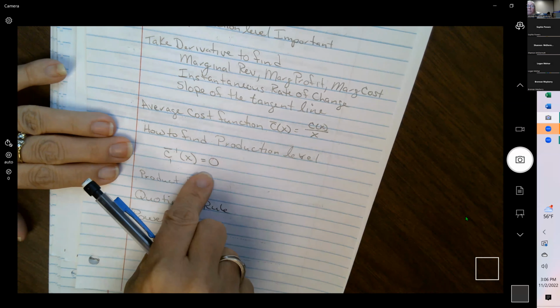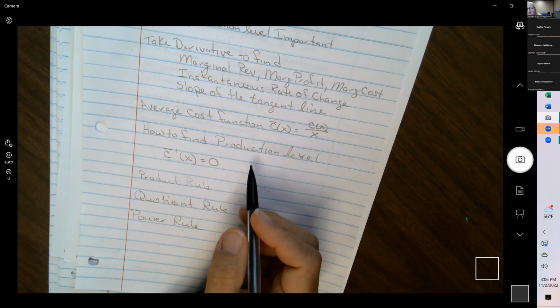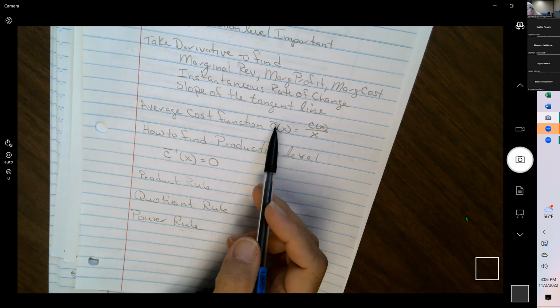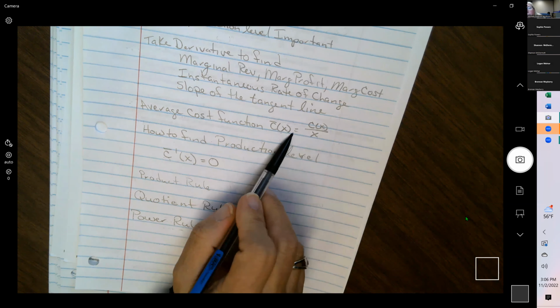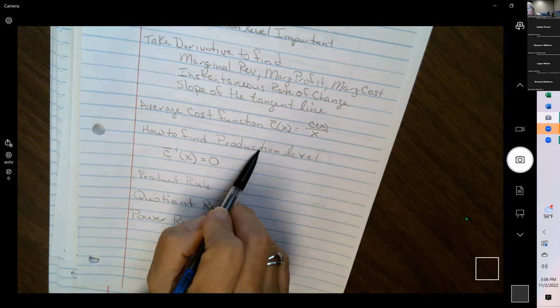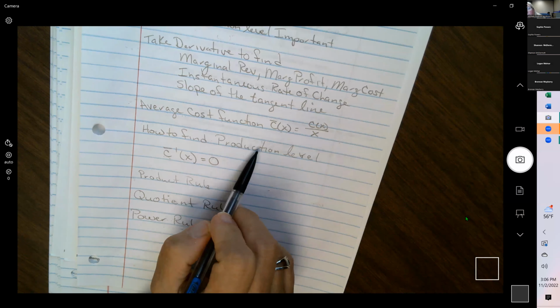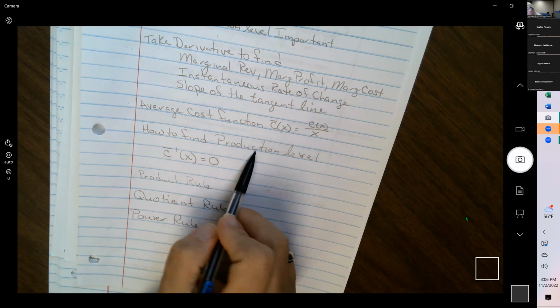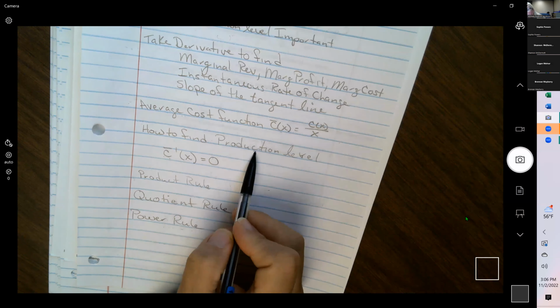Any questions on what the production level tells you? Because this one will ask you to find the average cost function, the production level, the minimum average cost, and why it's important. So the production level is important because that tells you how much you want to produce at a time to have a minimum average cost.